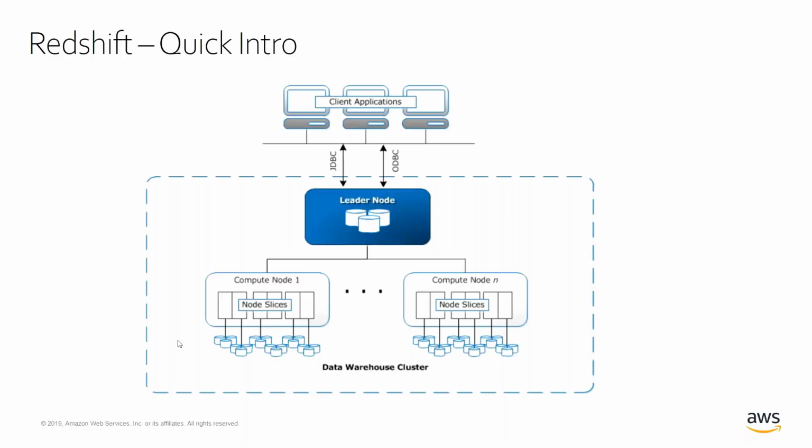But for the sake of this discussion, it's important to note that when you use Redshift, you are loading data into Redshift. Like I said, these compute slices, compute nodes, have storage built into those compute nodes, and you will load data native to those compute nodes.